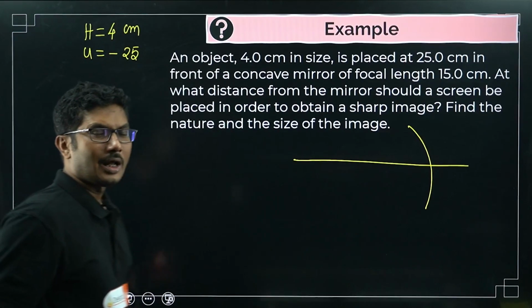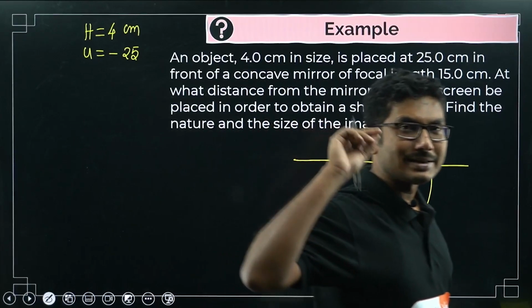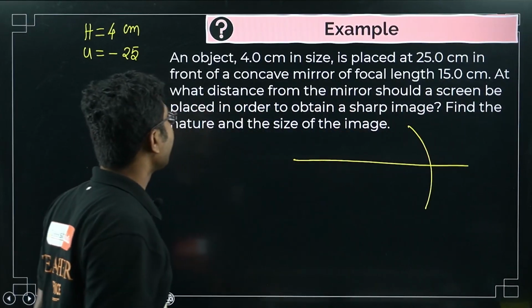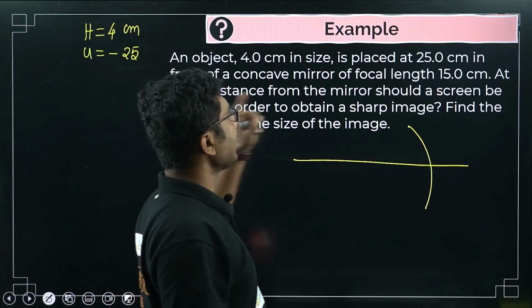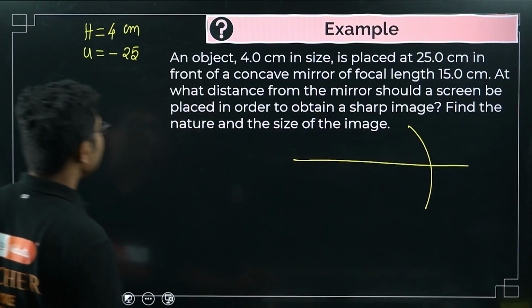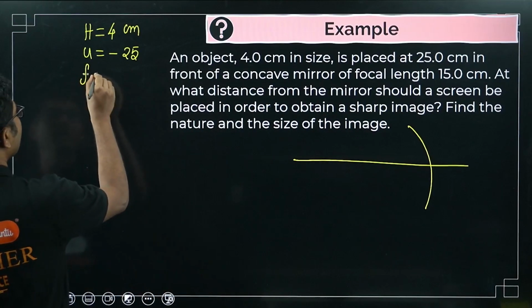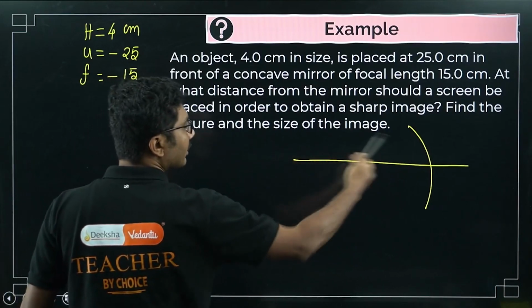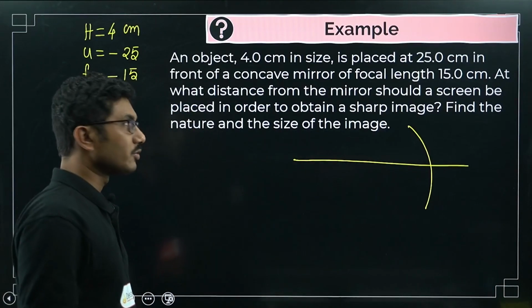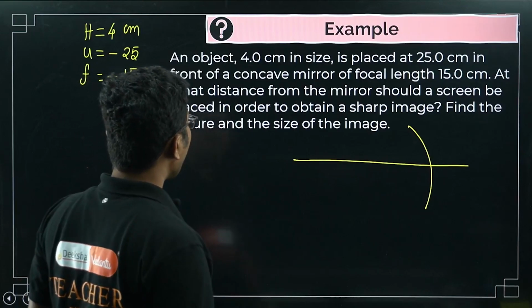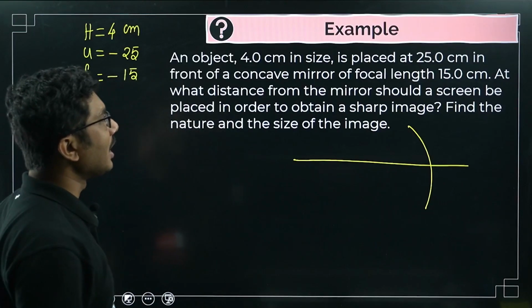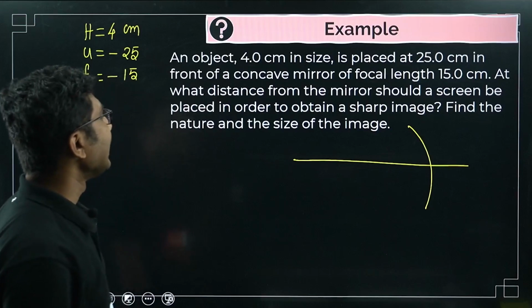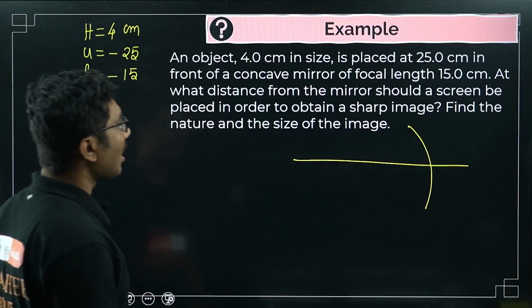Whenever you are using the variables, write the sign immediately. The concave mirror has a focal length of 15 cm. Since it is a concave mirror, the focal length will also be negative. What distance from the mirror should a screen be placed in order to obtain a sharp image?